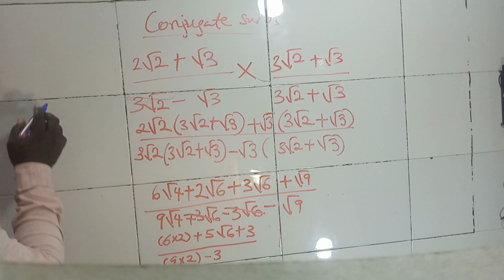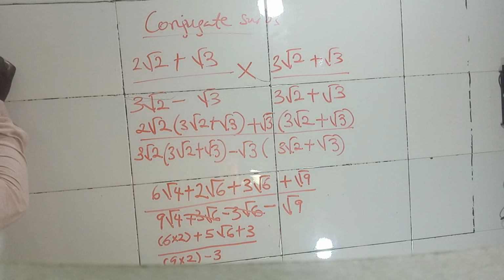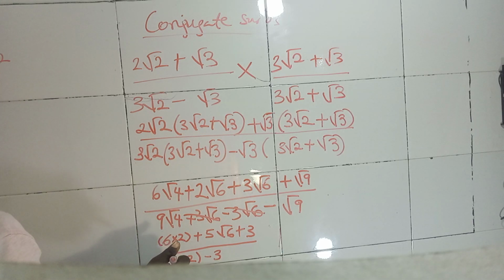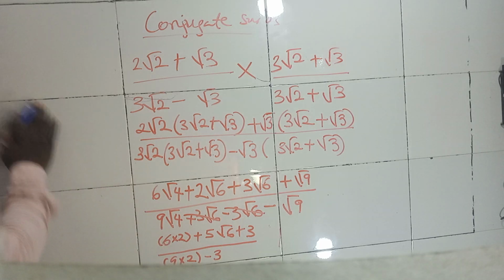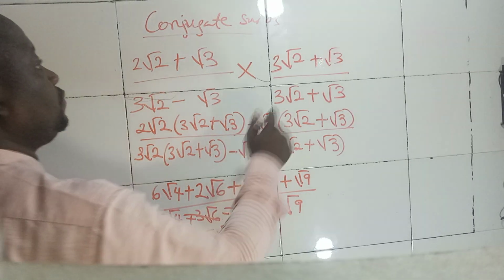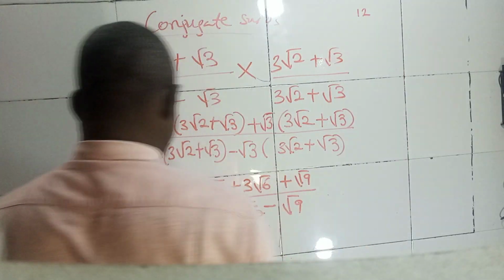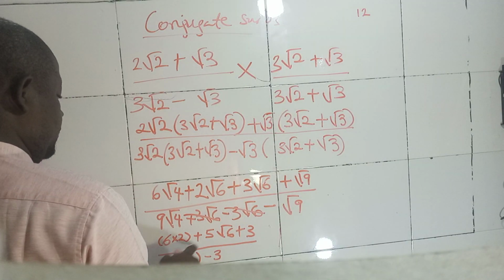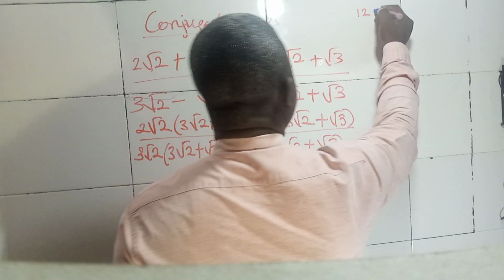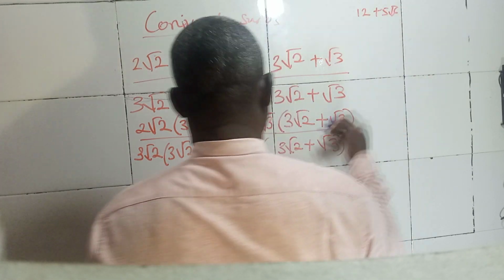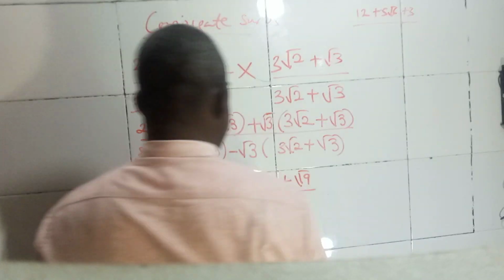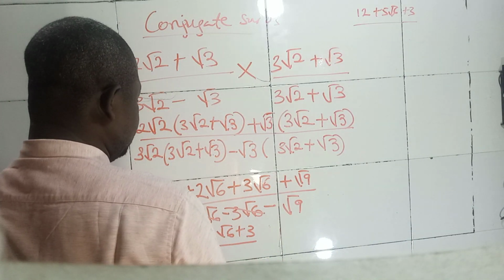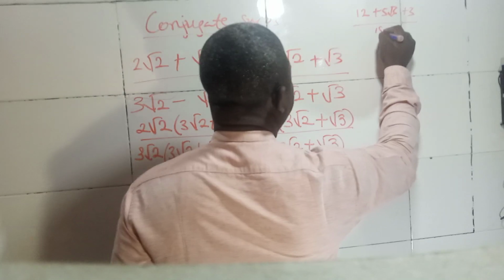We now have 6 times 2, that is 12, plus 5√6, plus 3, all over 9 times 2, that's 18, minus 3.